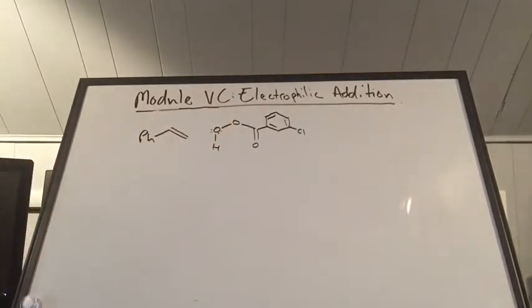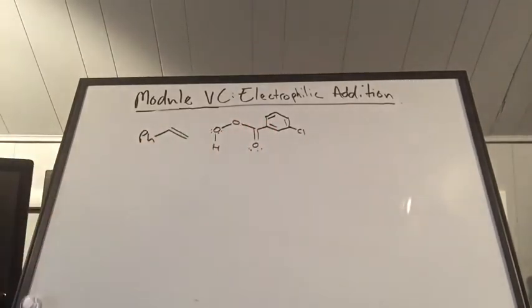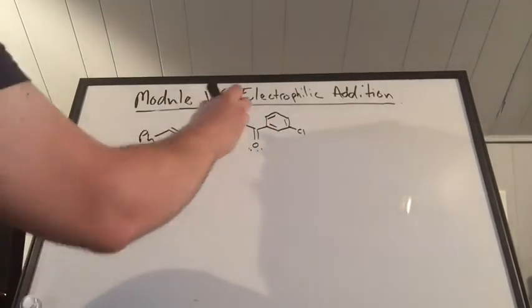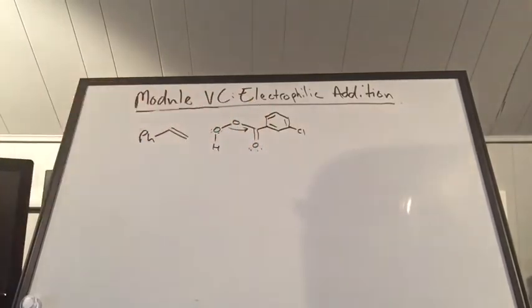Alright, now this is going to happen in a concerted mechanism like before, just much more elaborate. So there's going to be quite a series of electron pushes here. First, you're going to have this O-O single bond sever. That's going to be the weakest bond.